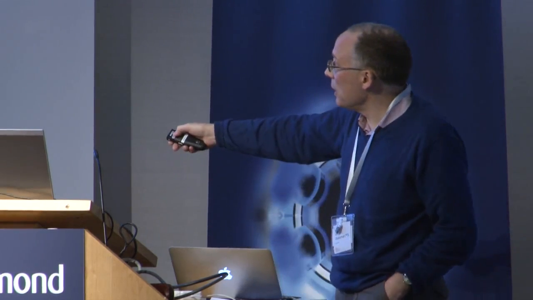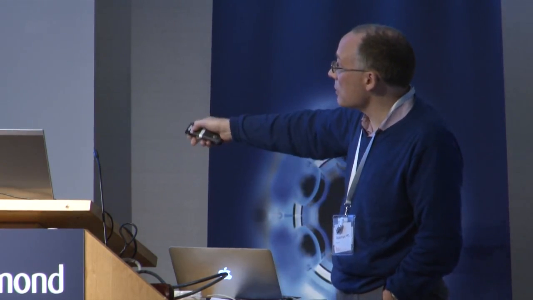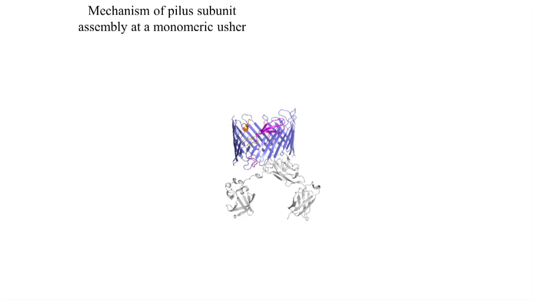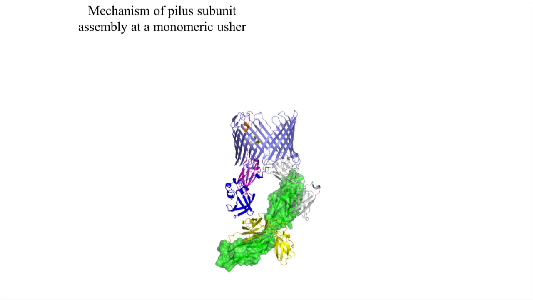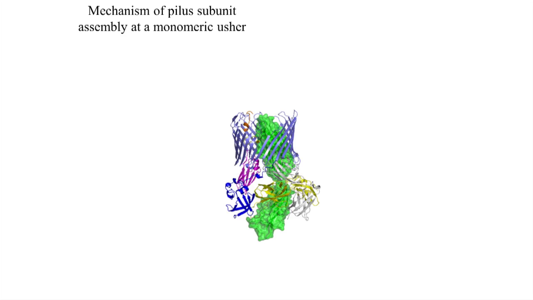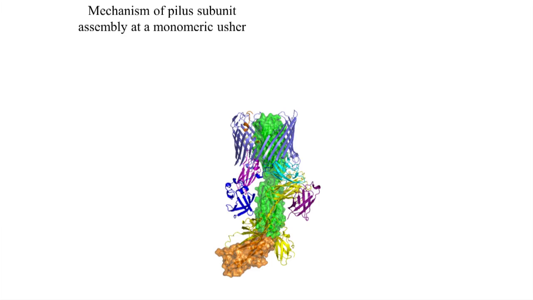So in our model, the structure that you are seeing here is poised to receive the next chaperone subunit complex in assembly, and that's what is shown here. This positions those two subunits in orange and green for the donor strand exchange, or strand invasion. This is what you're seeing here. The chaperone that was on the green subunit has now dissociated.